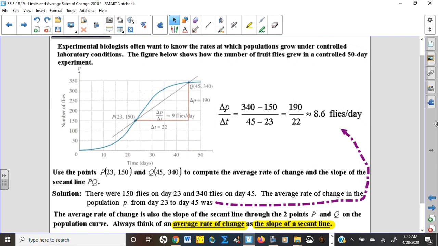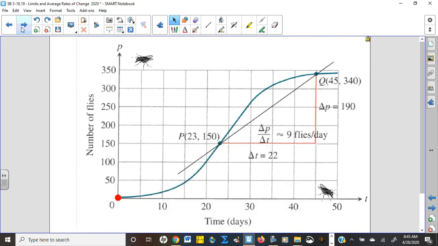So especially on my screen, hopefully it's a little clearer on your workbook page, because you do have this same graph, and it looks like this. Holy cow, all right. So you can see that over the first 50 days, we started with very few fruit flies, maybe just a couple. And then by the end of the 50 days, we were just under 350.